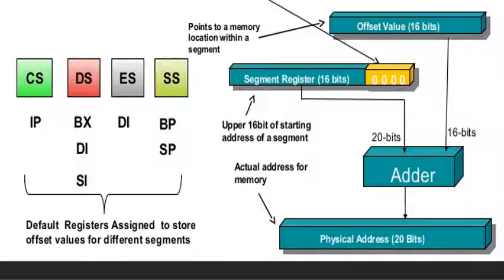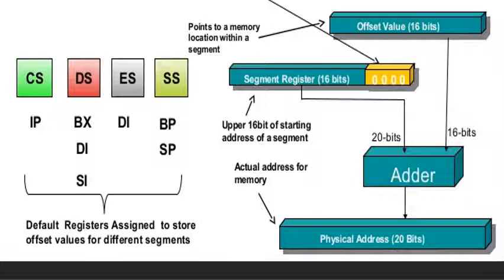The offset in the instruction pointer is combined with the starting address of the code segment to generate the 20-bit physical address of the next instruction. The offset or effective address is a 16-bit address which points to a memory location within a segment. Every time an instruction is fetched from memory, the 8086 updates the instruction pointer by incrementing it by 2 instead of 1 as in the 8085, because it reads 2 bytes of data at a time.